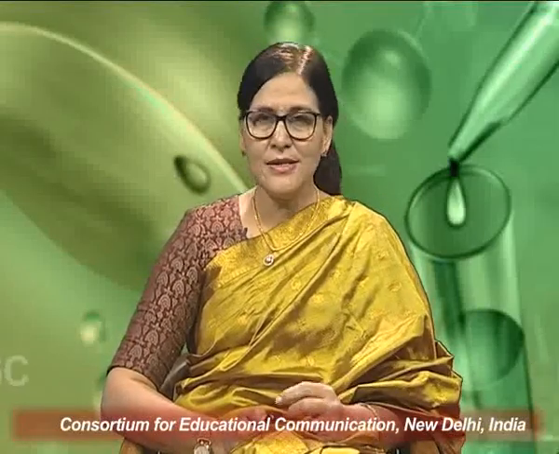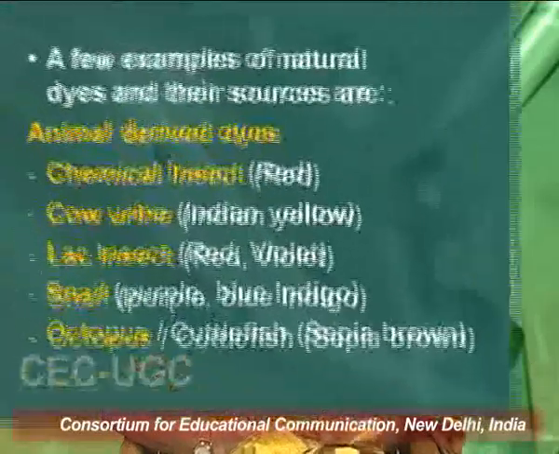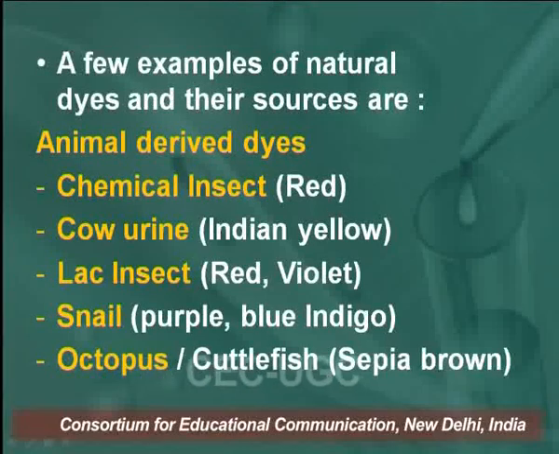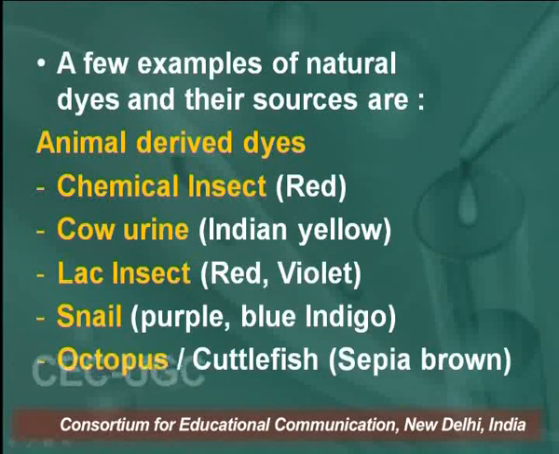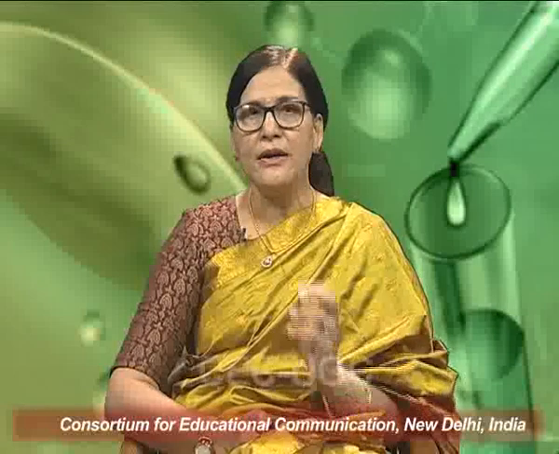Similarly, from lac insects we get red and violet dyes. Snails, as I told you in previous slides, give purple or blue indigo. Octopus or cuttlefish, these are sea invertebrates, were used to get sepia brown dyes.